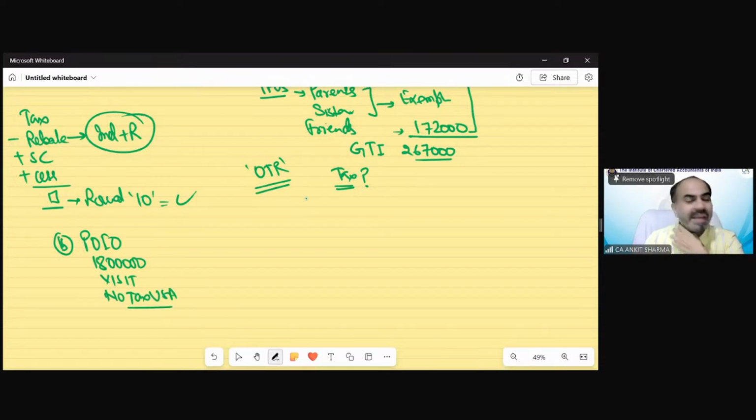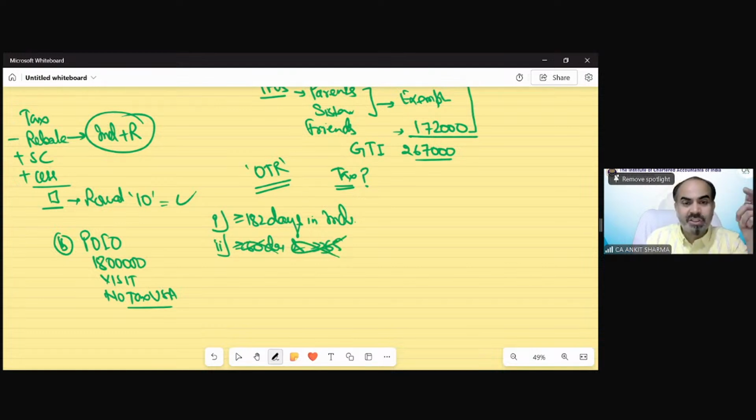So now you will see, because she has come to India only for a visit and she is a person of Indian origin, only the first condition needs to be applicable, 182 days in India. That 60 days condition and 365 would not be applicable.